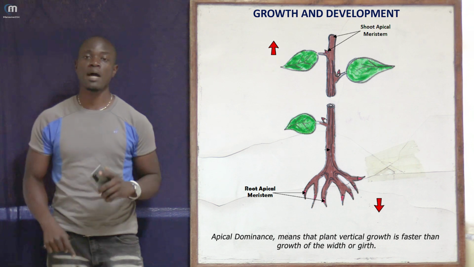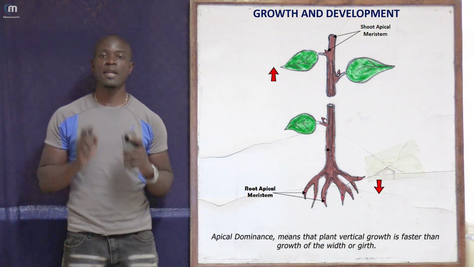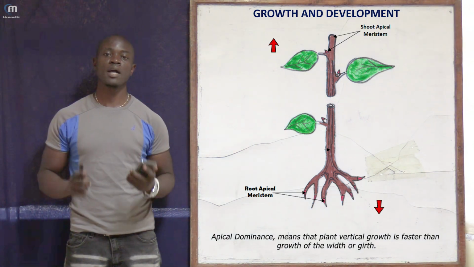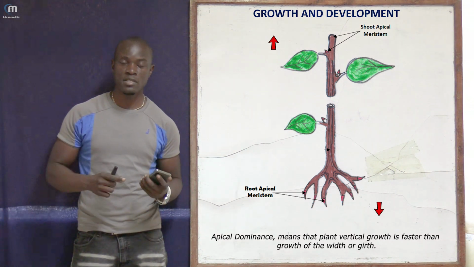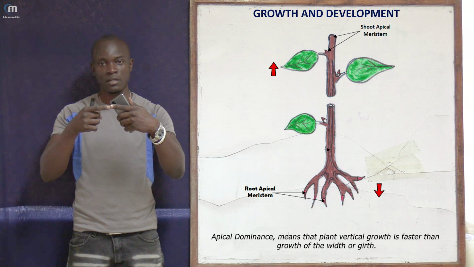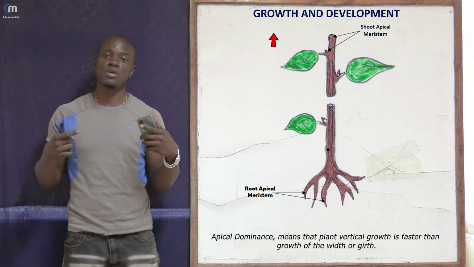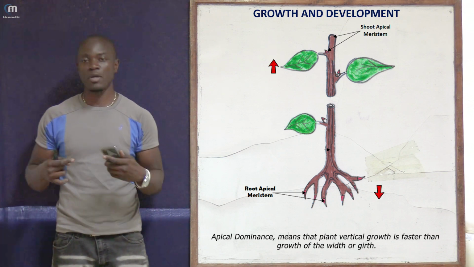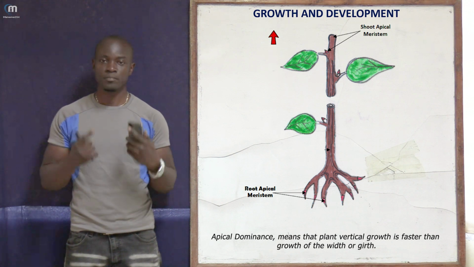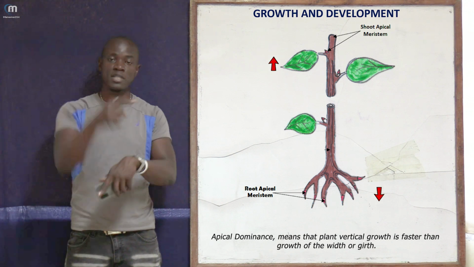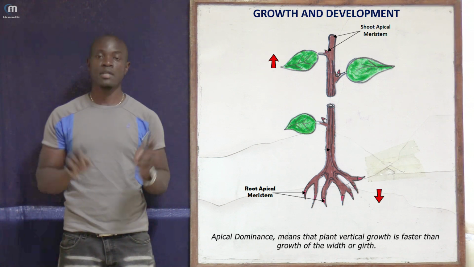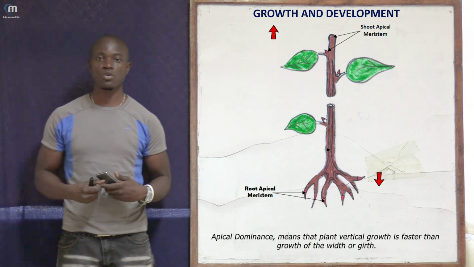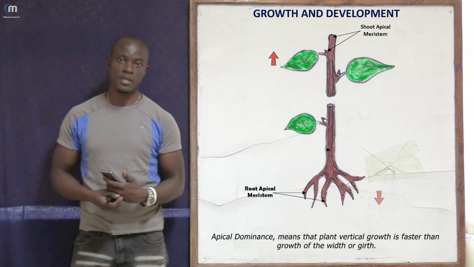So apical dominance is that the plant is going to grow faster going upwards and also downwards, and not increasing in girth. So the plant is going to grow upwards and downwards for the shoot and the root, and not grow sideways, increasing in girth. That is what we have called apical dominance.